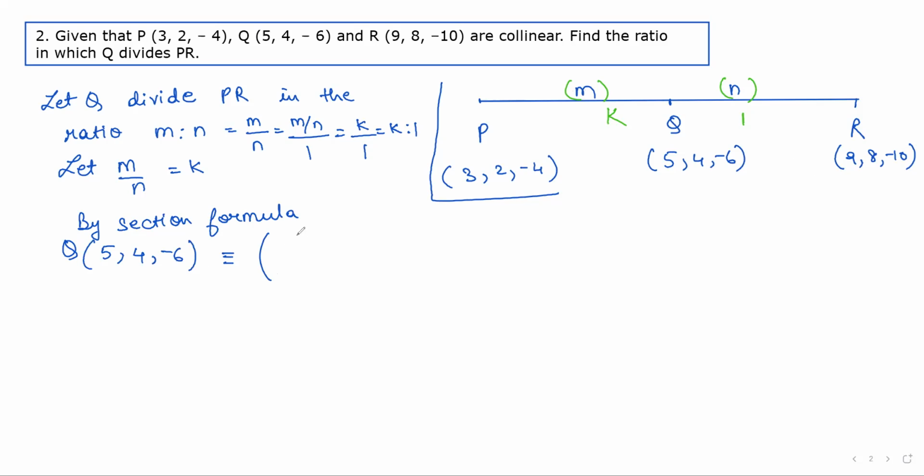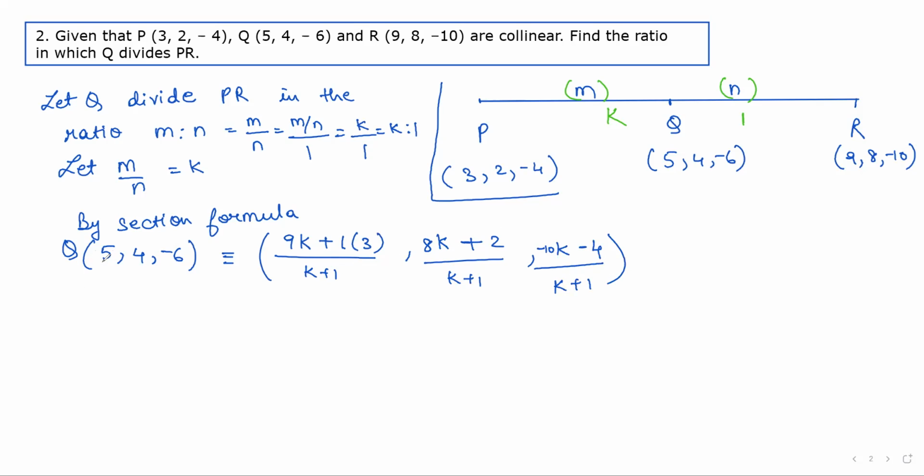So k into 9, 9k, internal division. So we'll calculate it with internal division: plus 1 into 3 upon k plus 1, comma, k into 8, 8k, plus 1 into 2, 2 upon k plus 1, k into minus 10, minus 10k, plus 1 into minus 4 upon k plus 1.